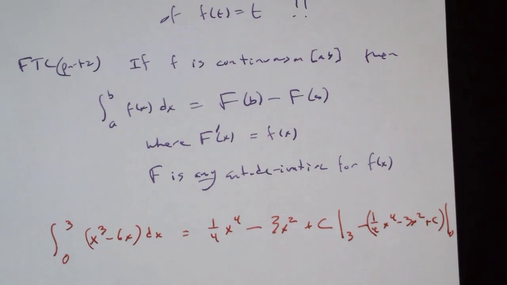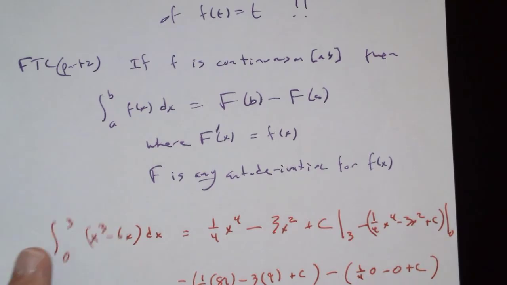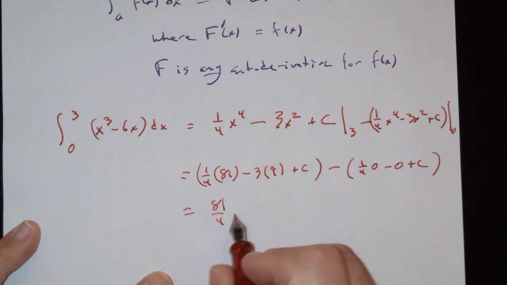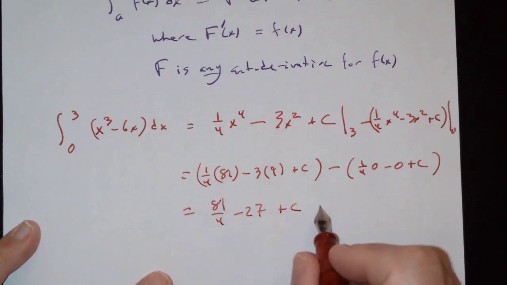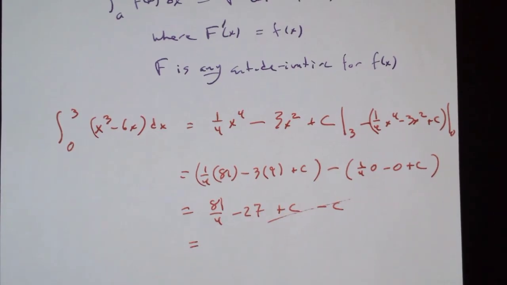Plug in 3, plug in 0. 1/4 of 81 minus 3 times 3 squared is 9, plus c, minus 1/4 of 0 minus 0 plus c. What happens to my c's? Grab your calculators. What's 81 over 4 minus 27?